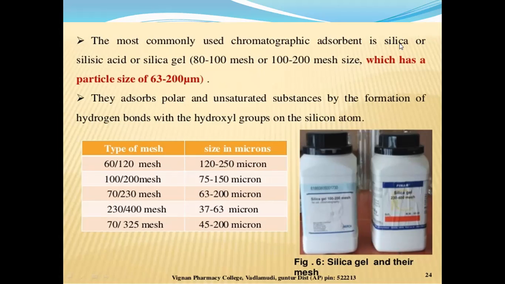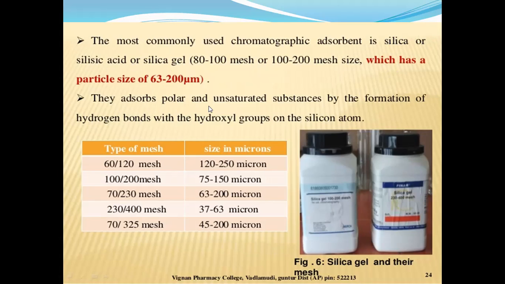So we may have silica powder, silicic acid, or silica gel. These three stationary phases have particle sizes that lie within our desired size of 60 to 200 microns.